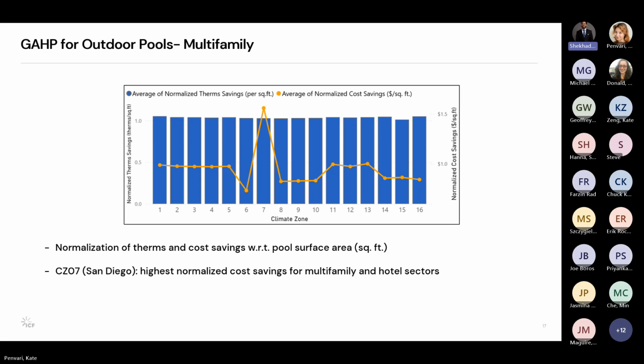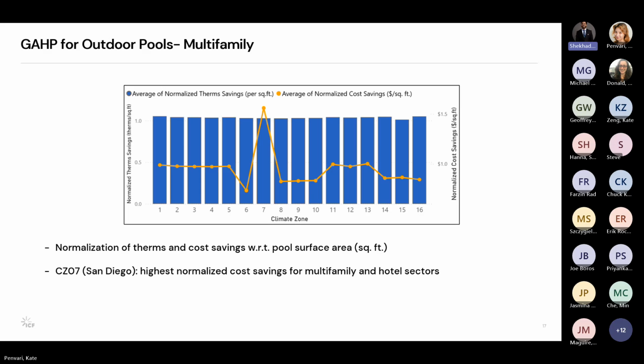The energy cost savings were normalized with respect to pool surface area, and this plot shows the comparison of normalized terms as well as cost savings for different climate zones in California.